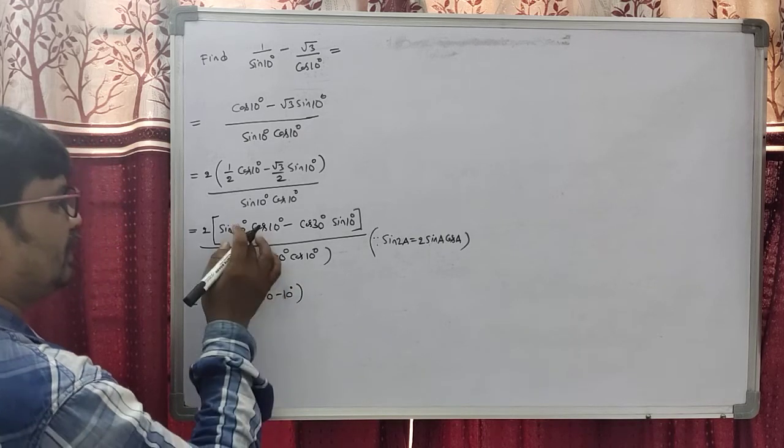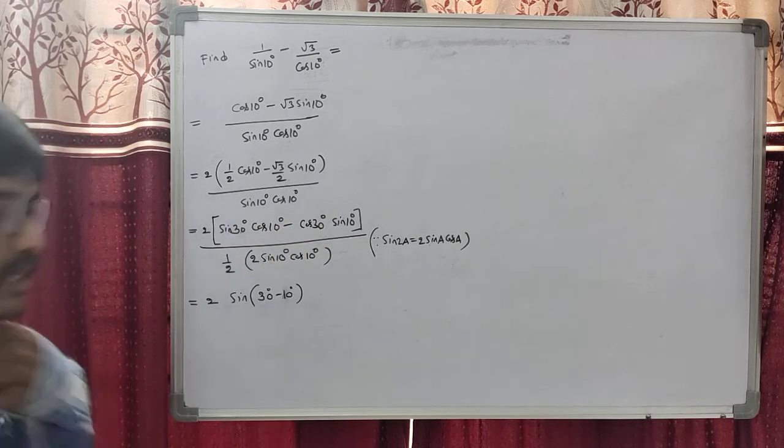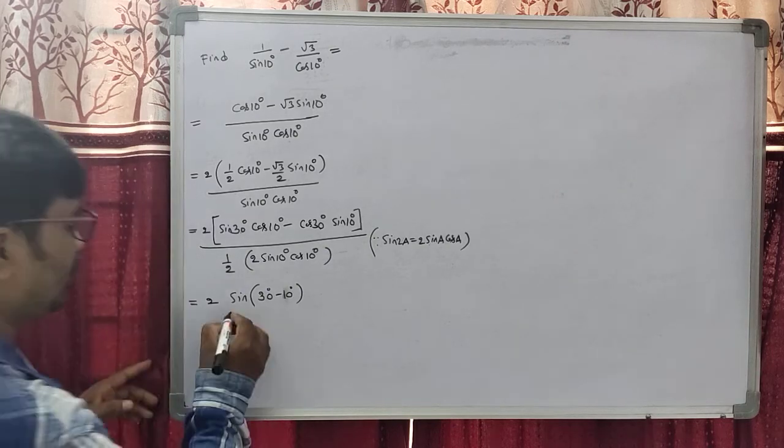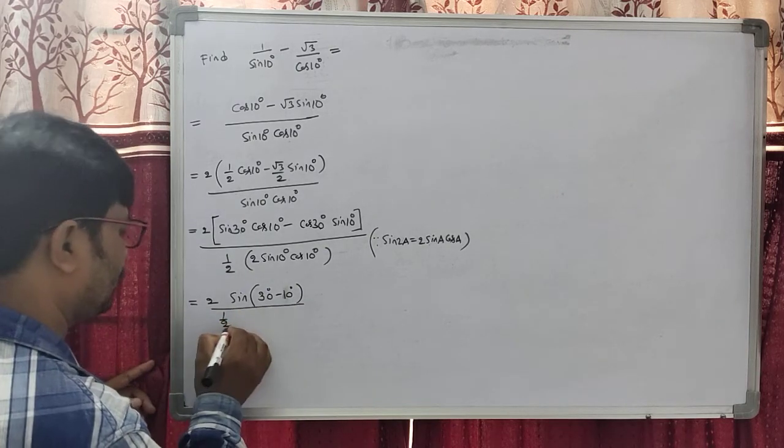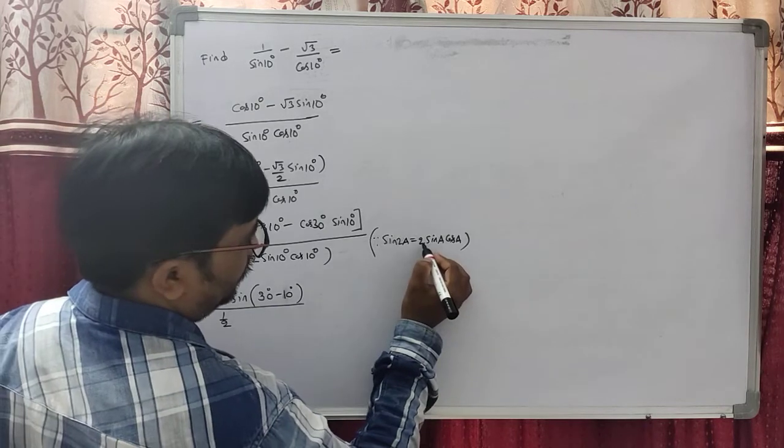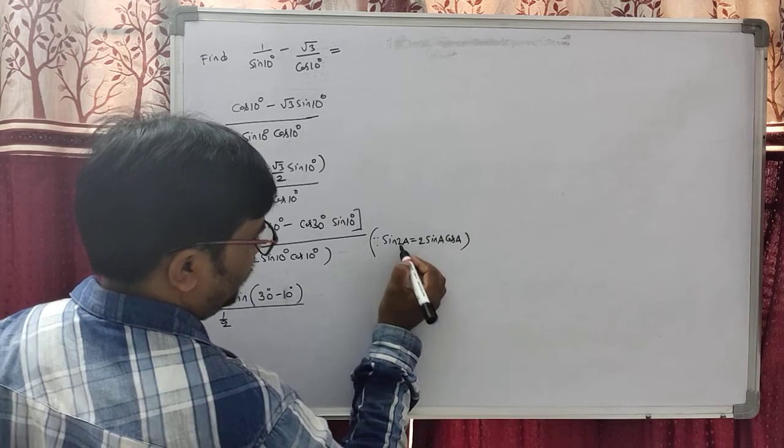So the numerator is sin (A minus B), and in the denominator 1 by 2 into 2 sin A cos A, which is sin 2A.